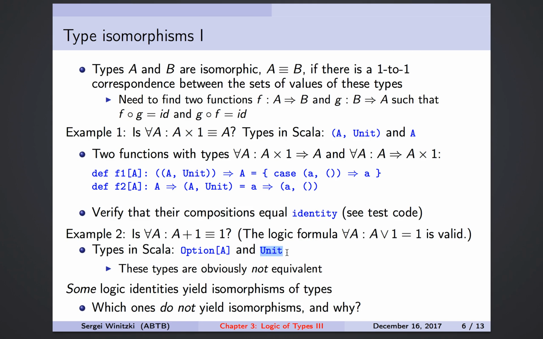A unit type only has one value, which is the empty tuple. So clearly these types cannot be equivalent. How can we see that in code, that they're not equivalent? And what is the significance of the fact that the logic formula is a valid theorem?